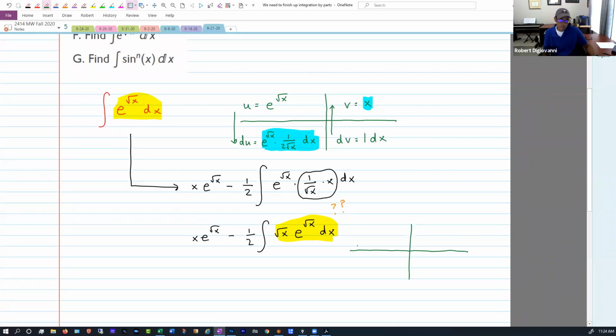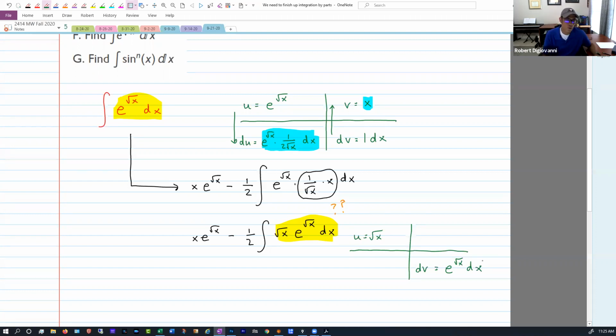Okay, so we have two choices, don't we? We have the root x can be the u, or the e to the root x can be the u. Now, if we do the root x as the u, what's going to be the problem? If this is the root x, dv would have to be what? The e to the root x dx?